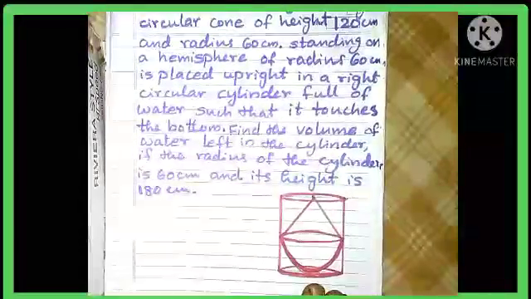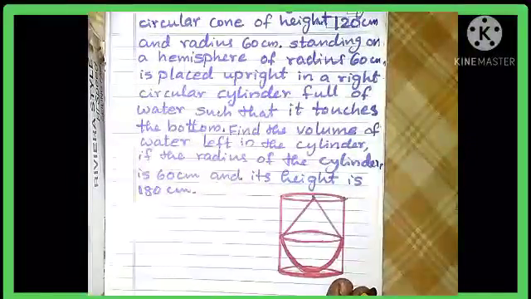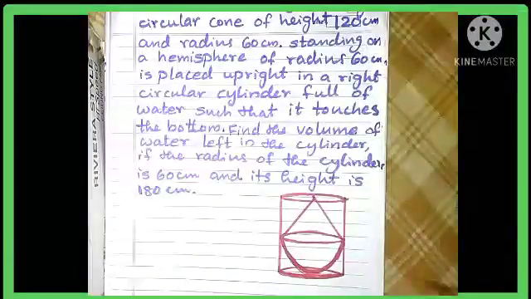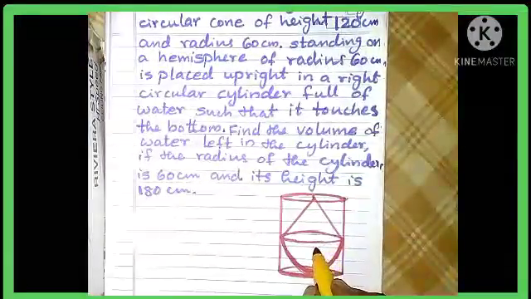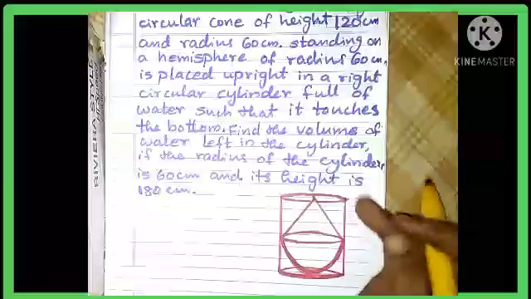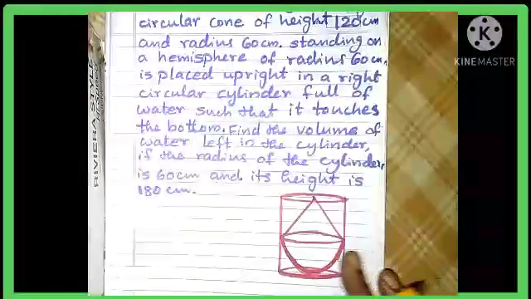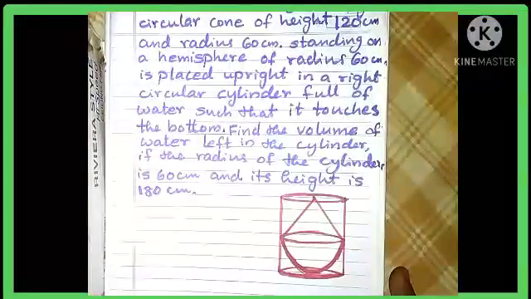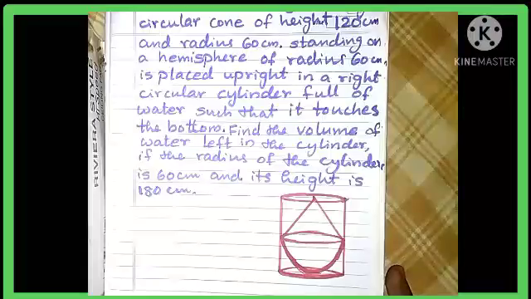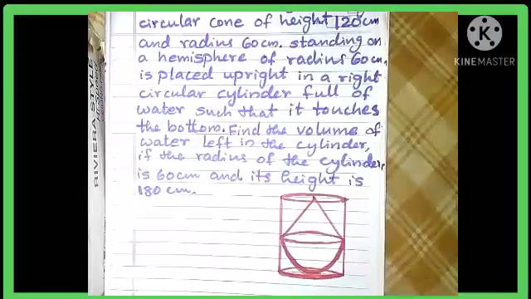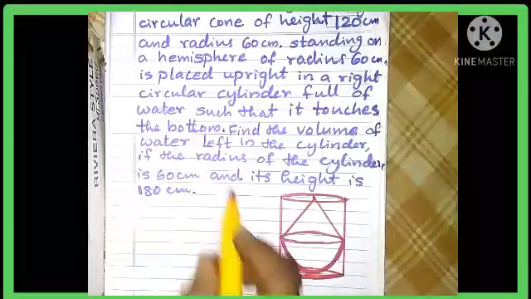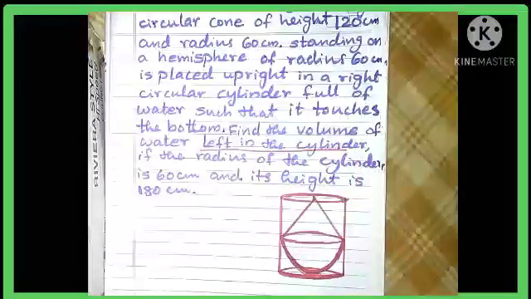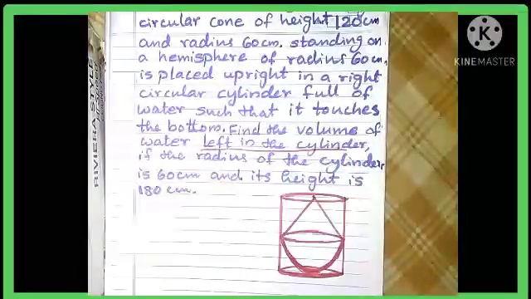So a cylinder is given which is full of water, and after that we are placing a combination of a hemisphere and a cone into that cylinder, putting that into the water. Okay, and we need to find the volume of water left in the cylinder.